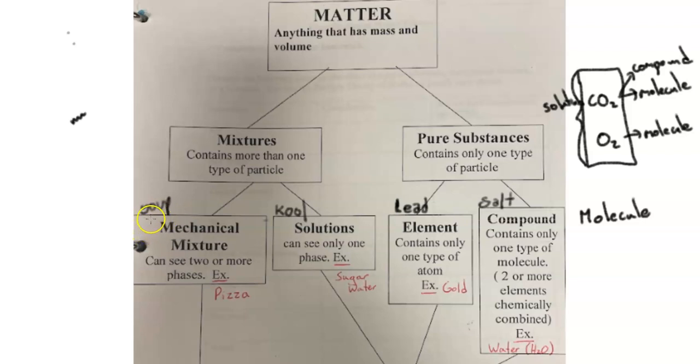How about Coca-Cola? Okay, good. Iron. How about, here's a hard one, rust.